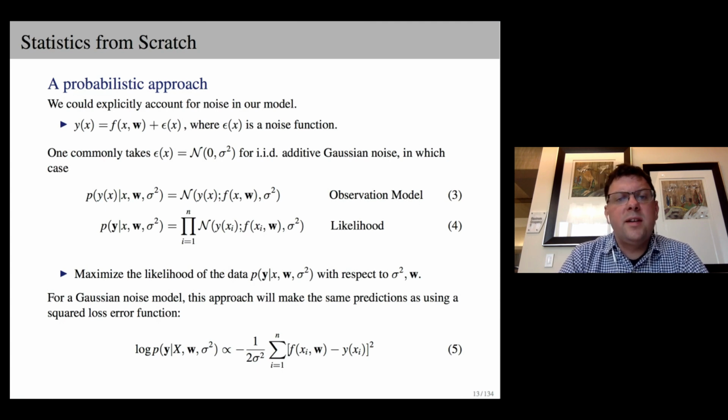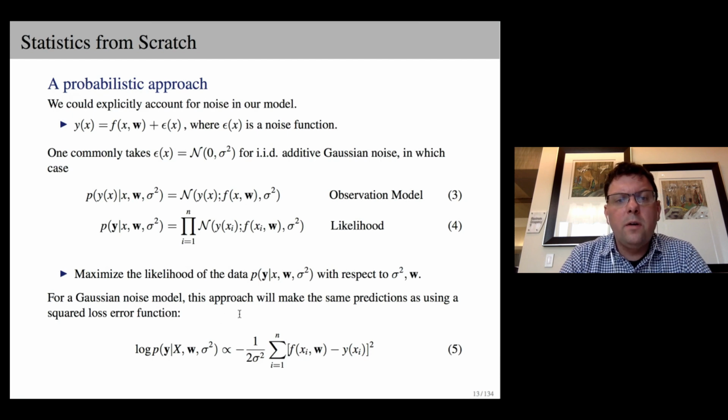However, in this approach, the design decisions are a bit more interpretable. We probably have some intuitions, for example, about whether we want to use Gaussian noise. Perhaps if we thought there were outliers in our problem, we might use a heavy-tailed noise model like a Laplace distribution, and that would lead to an absolute value error function. So we can make different design decisions here and derive different loss functions.